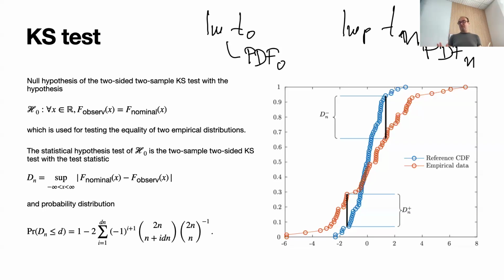So how can we reliably detect that the two samples are coming from the same distribution? There is something that is called the Kolmogorov-Smirnov test. And this test asks a null hypothesis: are the observed samples having the same distribution as the nominal samples?